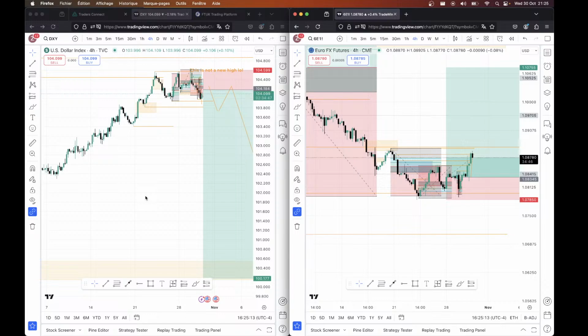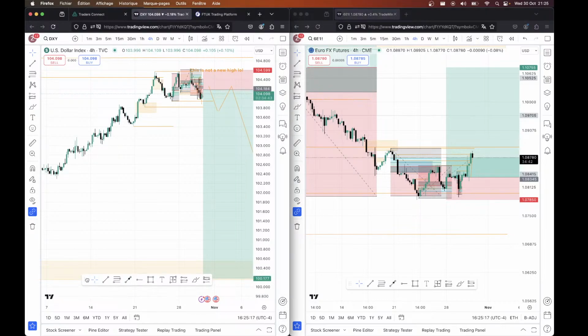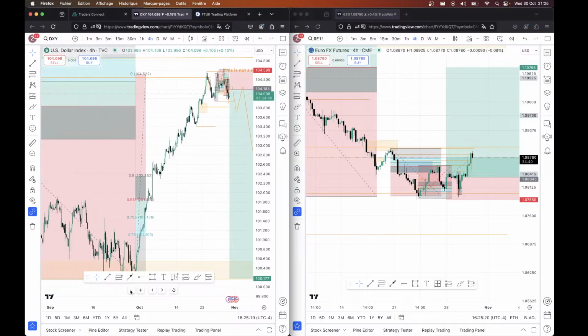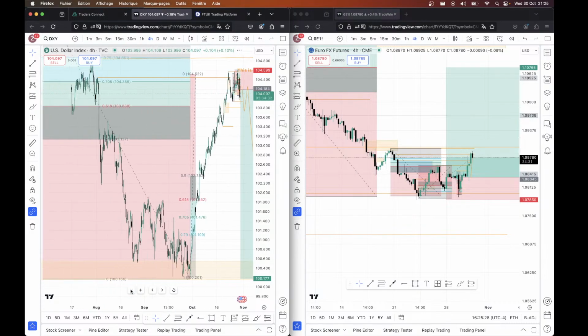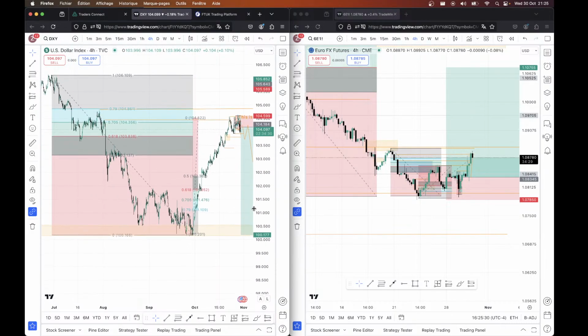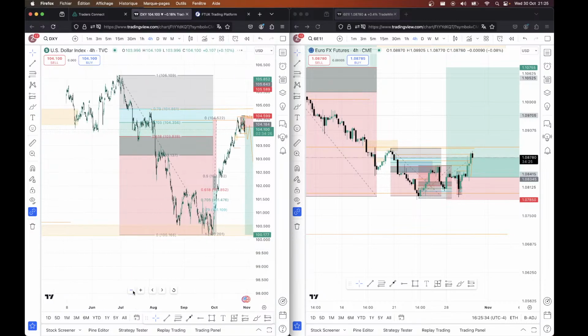So just to recall the macro analysis on USD, the dollar index. I will show you that here. This is my analysis on the 4-hour time frame from the dollar index.